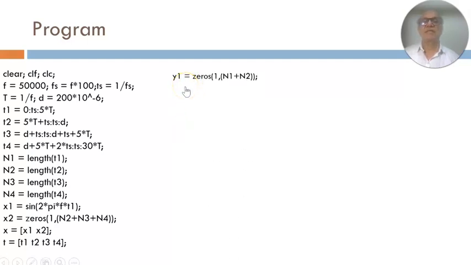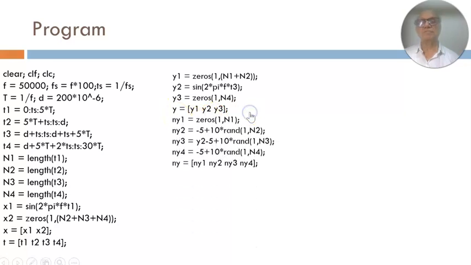Now we want to generate the received signal. First you have zeros from 1 to N1 plus N2. Then you generate your sine wave, and again you generate zeros, and you concatenate all of them in order to get the received signal. Next, you want to generate the signal which is a combination of the received signal and the noise. First your noise is zeros from 1 to N1, which I call NY1. Then NY2 is the random signal.